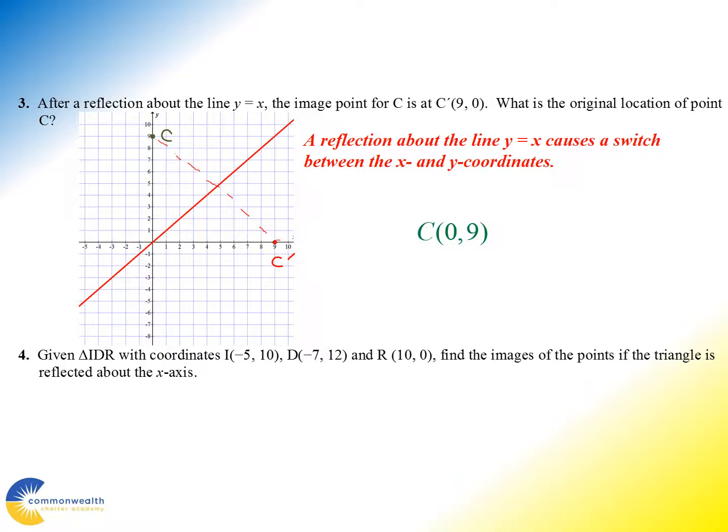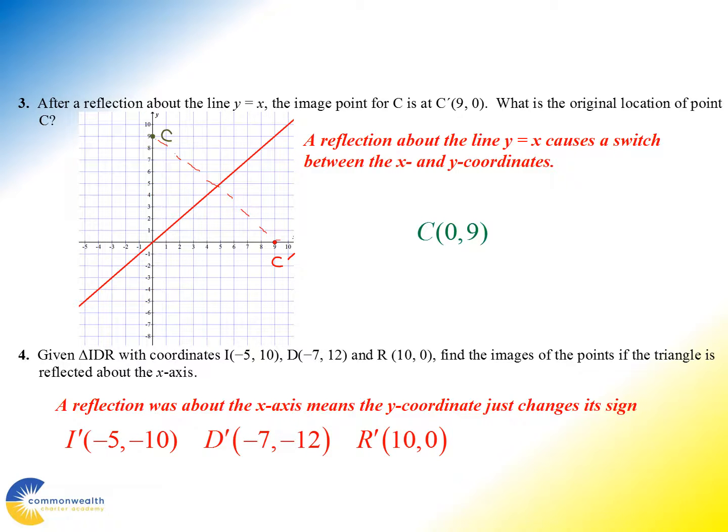Given triangle IDR with its coordinates at those 3 points, find the images of the points if the triangle is reflected about the x-axis. So, again, when I reflect about the x-axis, it means that the y-coordinate is just going to change its sign. So, I is going to go from negative 5, comma, positive 10 to negative 5, negative 10 for the image.